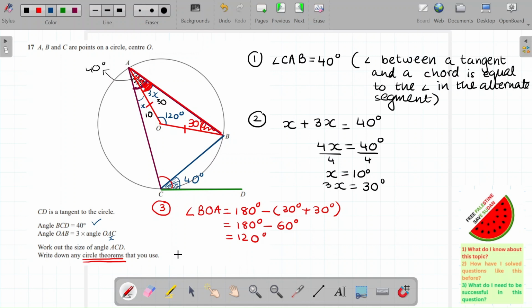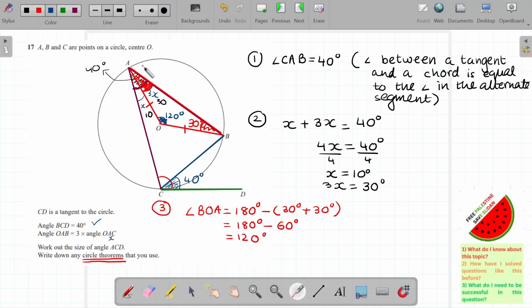So number 4, this angle BOA is an angle at the center. To recognize an angle at the center, it is normally at a meeting point between two radii. So BO is a radius, AO is a radius, they meet at the center and they form this angle. That's the angle at the center.